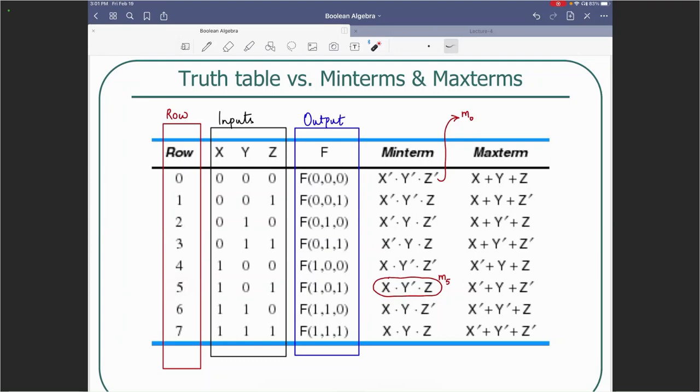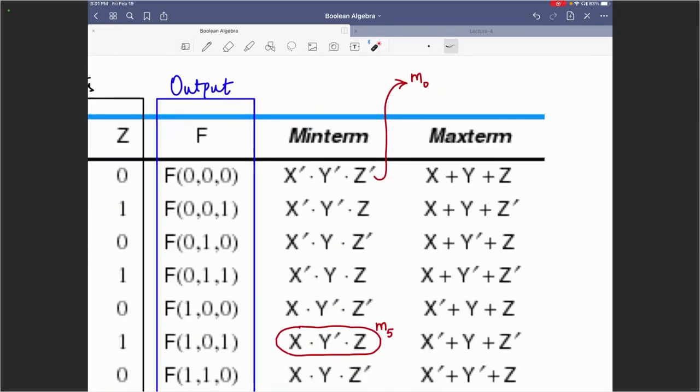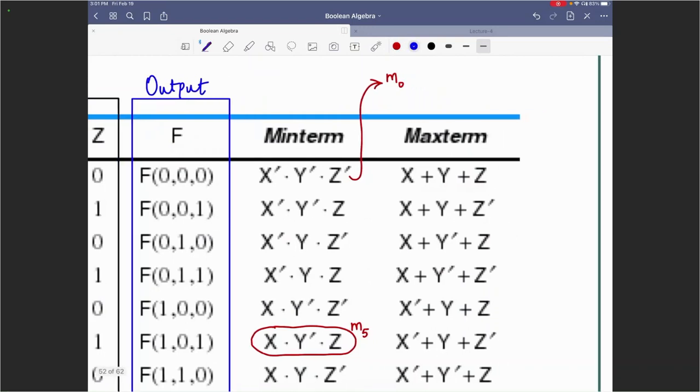Now let's talk about max terms. For max terms, you're actually making things 0, like X or Y or Z, 0 or 0 or 0. You got a 0, so those are an OR function. I'm going to need a slightly different character for this max term, so I'm going to use the capital letter M to identify a max term, but it is going to correspond to the same row number. So this is going to be max term 0.